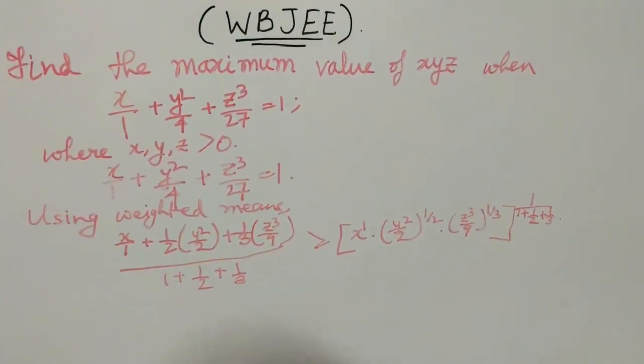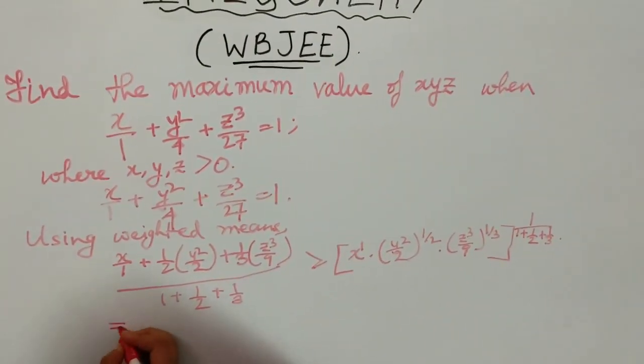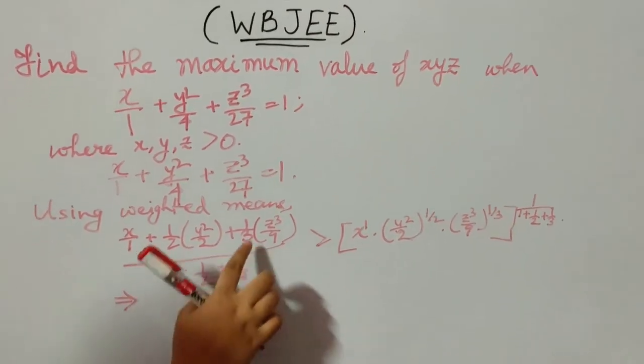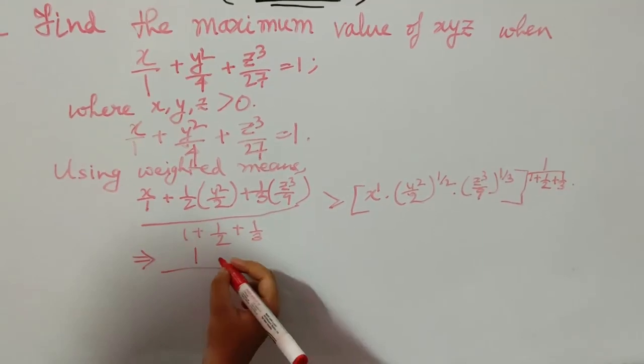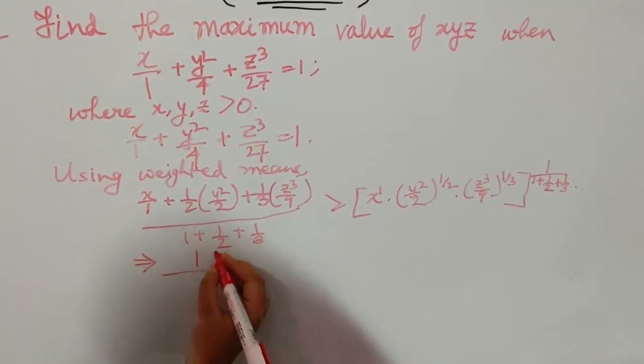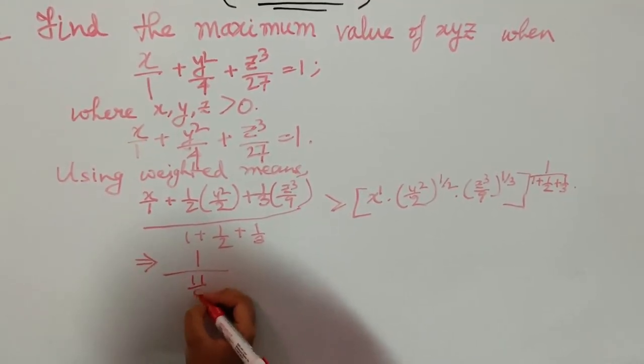Okay. Now this implies, this thing we know is equal to 1, and the denominator, if you calculate, you will get as 11 by 6.